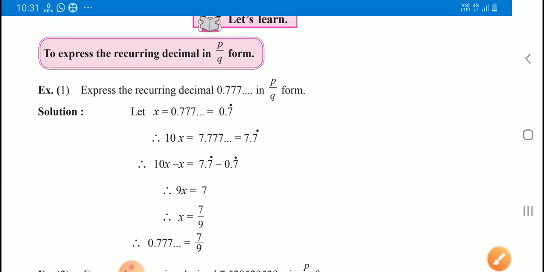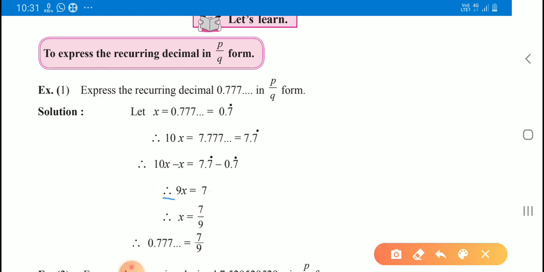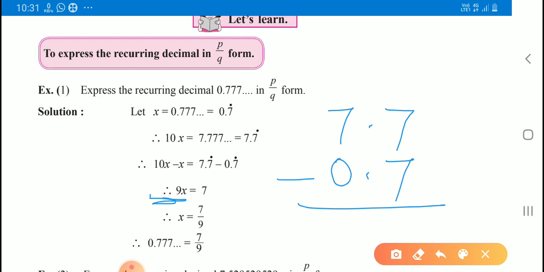Okay, now 10x minus x means 9x. And here 7.7 minus 0.7, what is the answer? The answer is 7.0, equal to 7.